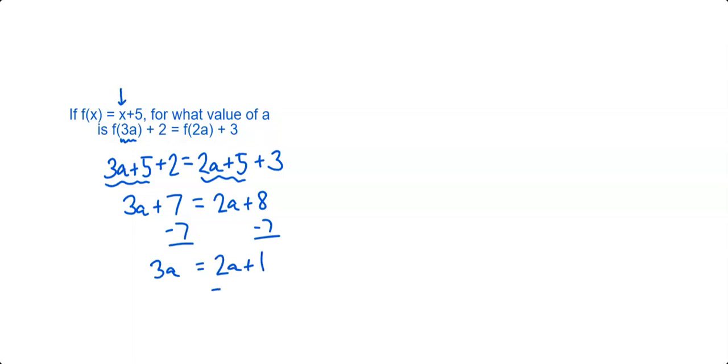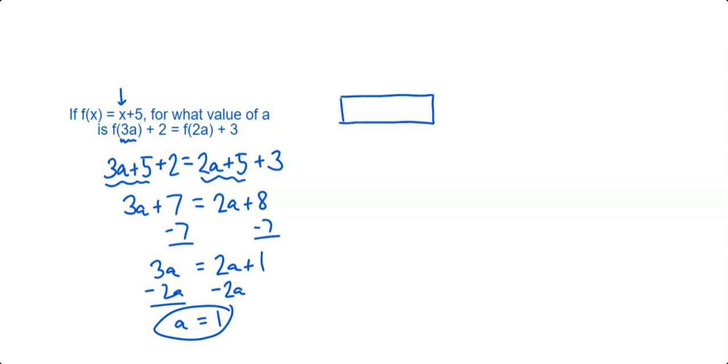Then we subtract 2a from both sides, and we're left with 1a equal to 1. So the answer is 1. And that number 1 is what you put into the grid boxes. Just to give an example, you would write the 1 right there. You could actually write that 1 in any of the boxes and it would still be counted correct.